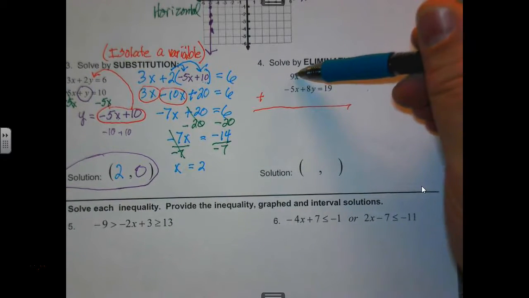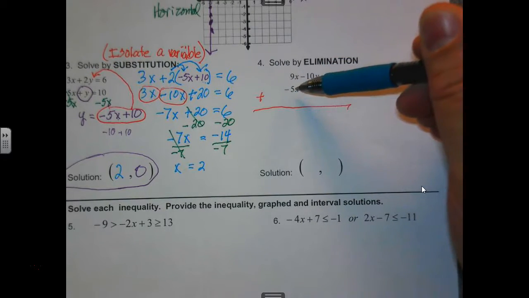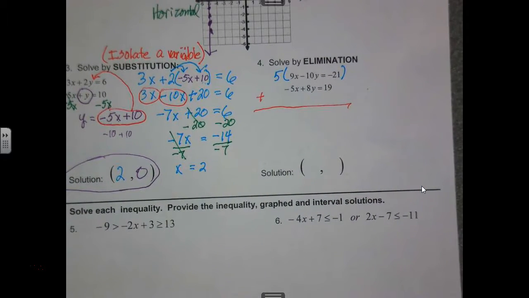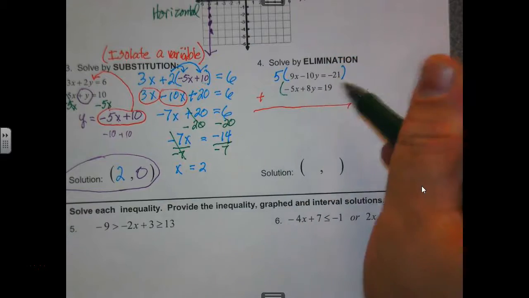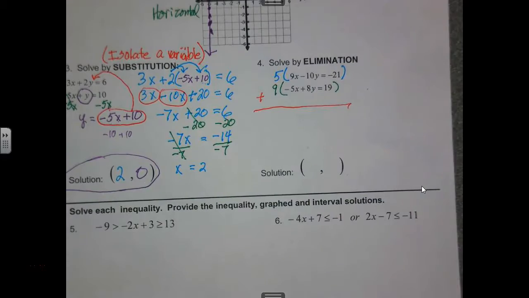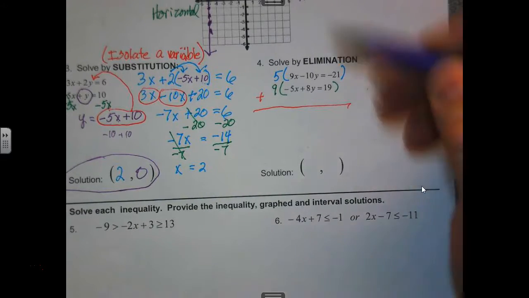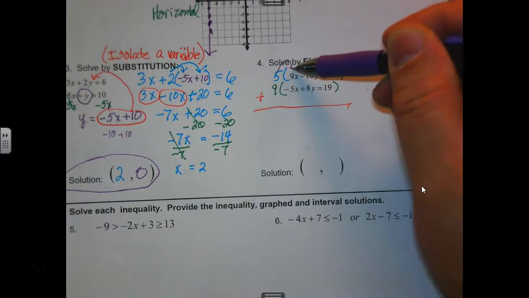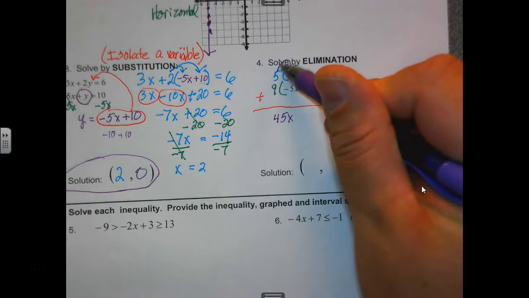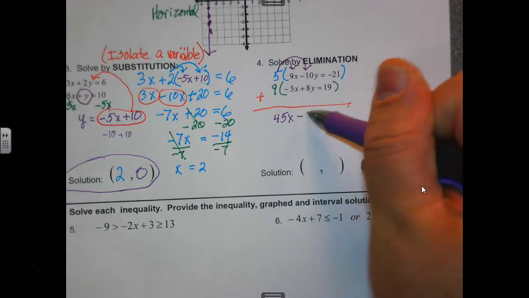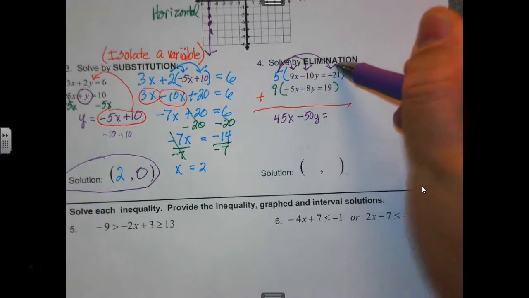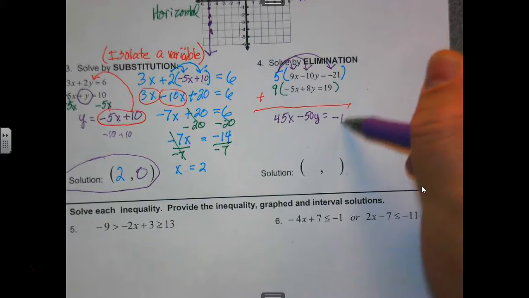I'm going to multiply this equation by this coefficient, and then I'm going to multiply this equation by this coefficient. So I get new equations. 5 times 9x, 45x. Careful, 5 times negative 10y, negative 50y, 5 times negative 21, negative 105.